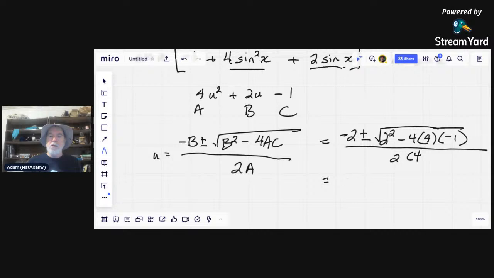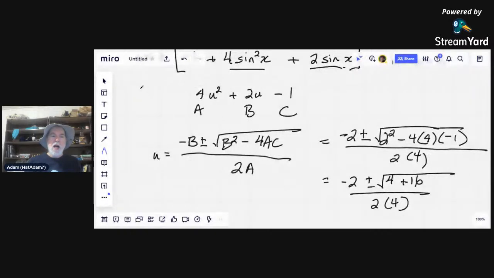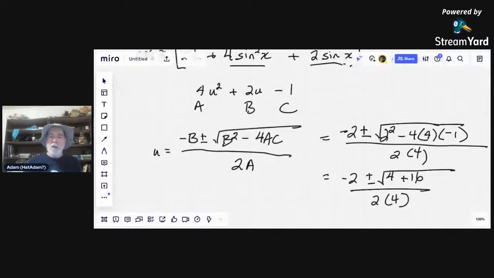Alrighty, so -2 plus or minus, what do we got here? 4 minus is going to be 4 plus 16, all over 2 times 4. I'm not going to multiply this out because I know it's coming. Let's scroll that up.